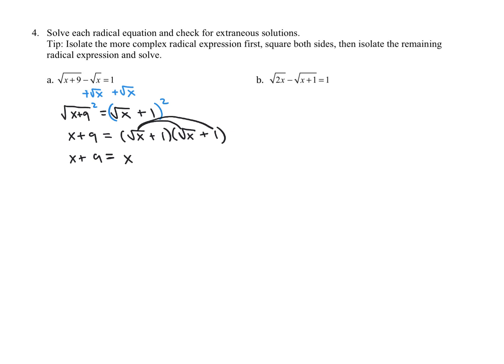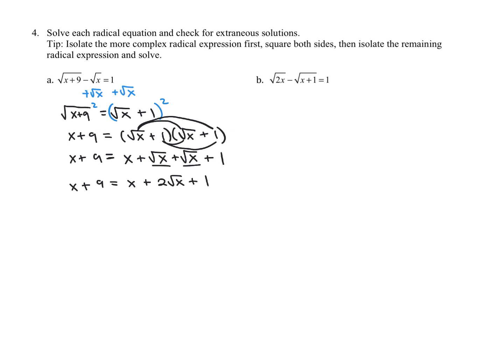The square root of x times 1 is the square root of x. 1 times the square root of x is also the square root of x, and 1 times 1 is 1. These middle terms are like terms, so they can be combined, and we get x plus 9 equals x plus 2 square root of x plus 1.